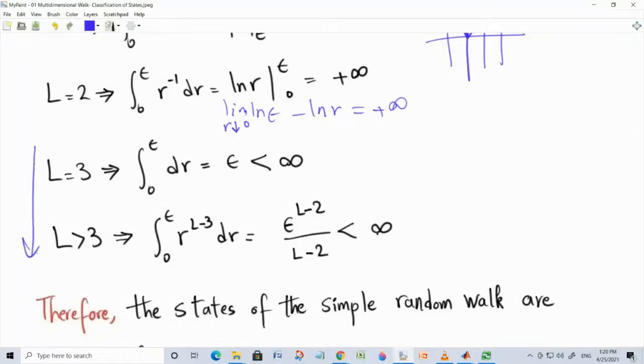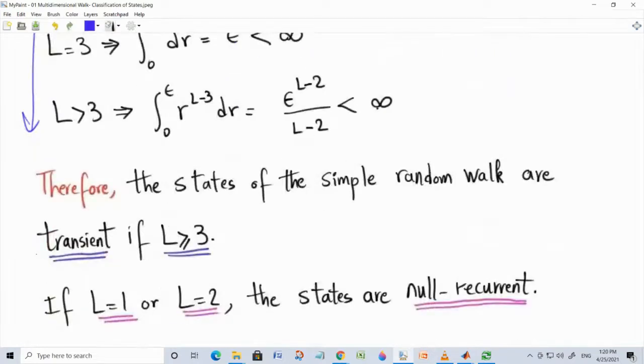So once you do your simple random walk in 3 dimensions or more, the states become transient. So there is a transition of behavior.